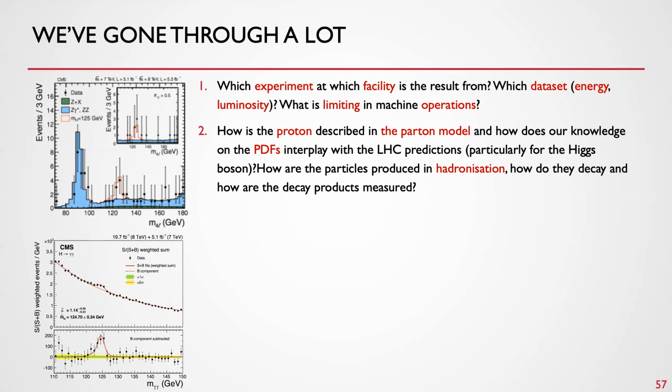We know that we can compute the predictions by means of matrix element calculations, but things are more complicated because we have initial state radiation, hadronization, and showering effects. And all these slightly obscure our analysis result.